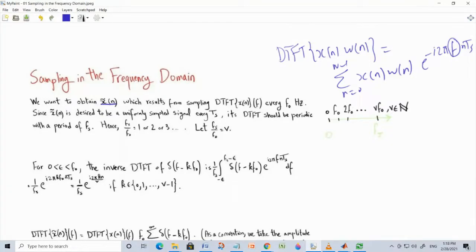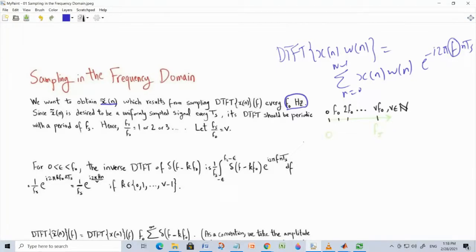We want a signal x tilde of n, which comes from x of n by sampling its DTFT. In this course, at least in the lectures, we mainly focus on uniform sampling. So we will take a sample from the DTFT every f0 hertz: a sample at f equals 0, at f equals f0, at f equals 2f0, at f equals 3f0, and so on.